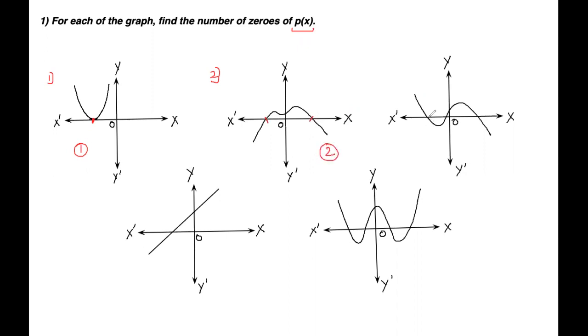In this particular graph, the graph touches the x-axis at 3 points. So the number of zeros would be 3. In this, the graph is touching 1 point. So the number of zeros would be 1. And here, the graph is touching the x-axis at 1, 2, 3 and 4 points. So the number of zeros would be 4.